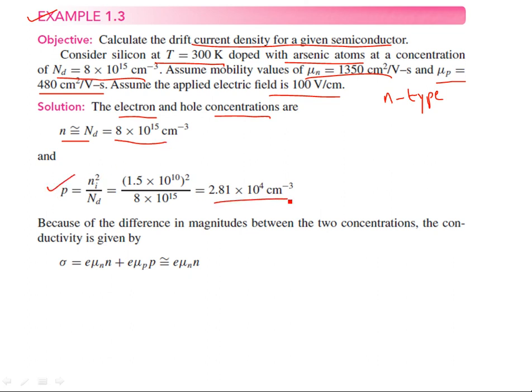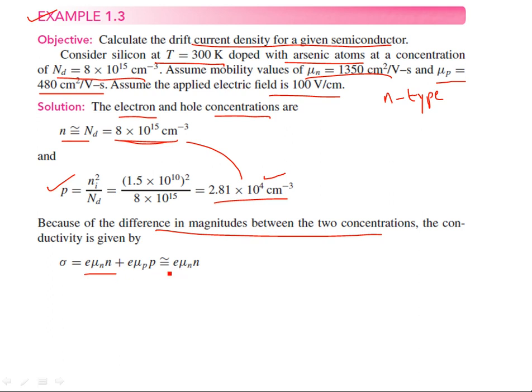If you compare these two values, the hole concentration is very small in magnitude compared to that of the electrons. Because of the difference in magnitude between the two concentrations, the conductivity is primarily due to the negatively charged particles, those are electrons.